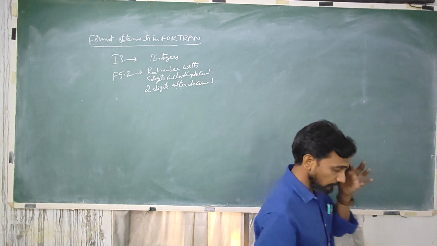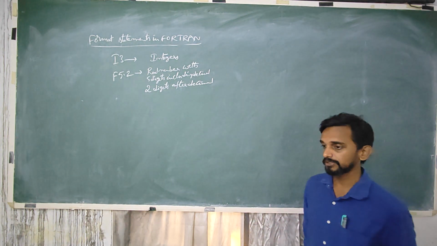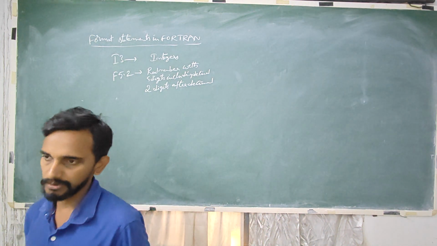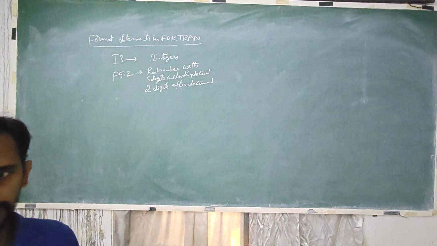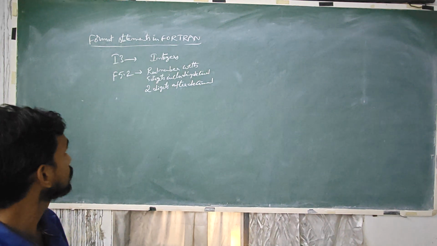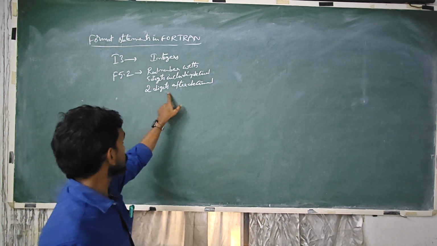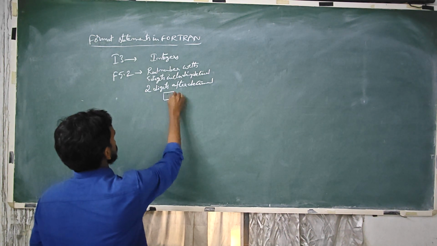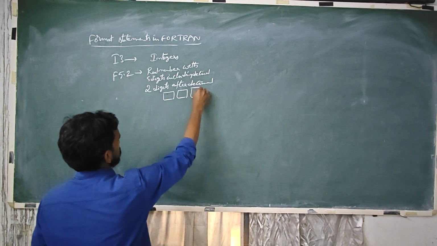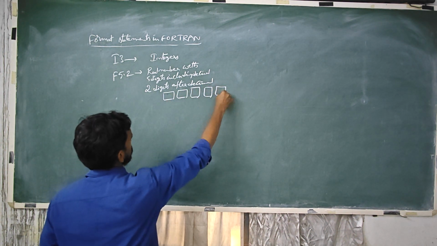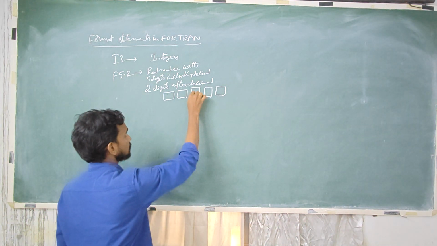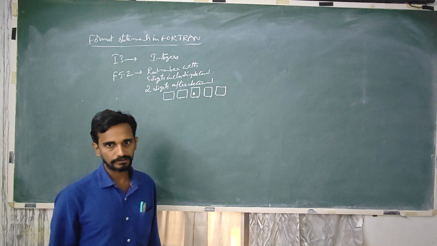Let's say if you mention the format as F5.2, it indicates a real number with 5 digits including decimal. And the 2 stands for 2 digits after decimal. So it allocates 5 spaces in total, and after decimal 2 digits.